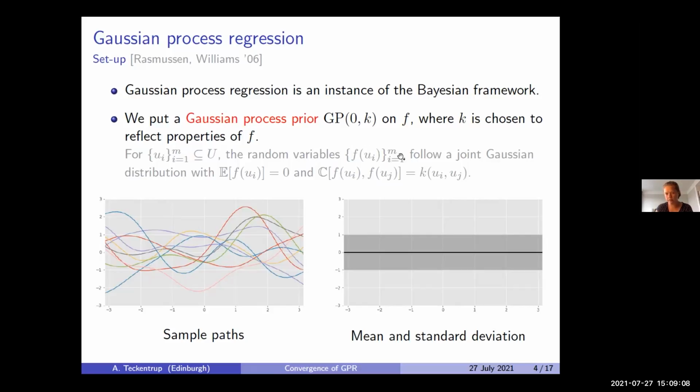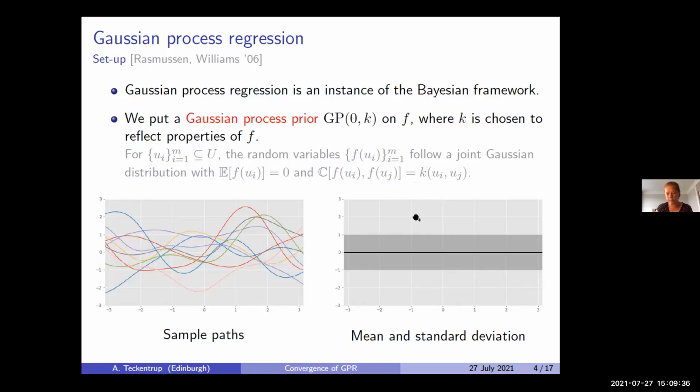And in particular, any finite collection of points f(u_i) is a multivariate normal. So it's a multivariate Gaussian variable. The mean of this Gaussian variable is given by the mean function. So here we've chosen mean 0. That's the first argument here. And the covariance between the points is given by this covariance function k here. So you have this equality here. And so it's the mathematical definition.